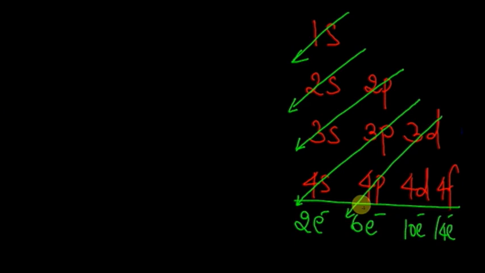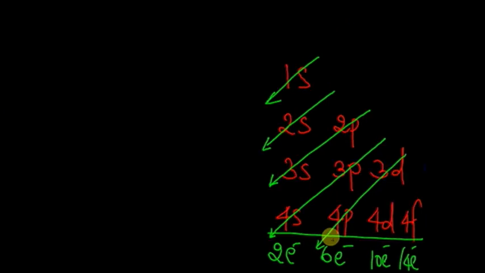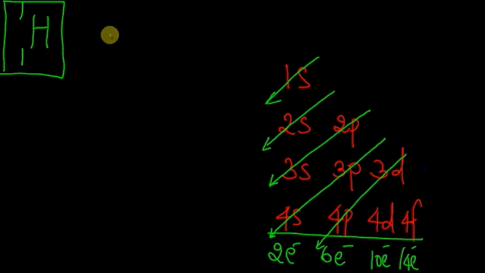Now let us start writing the electronic configuration of elements. I will choose the simplest atom that we have, hydrogen, atomic number 1 and mass number 1. And this is how it appears in the periodic table. Now, to write the configuration of neutral atoms, we know that the atomic number is the number of protons, which is also equal to the number of electrons.